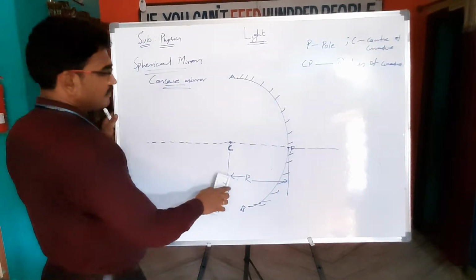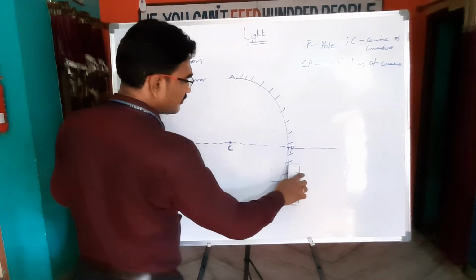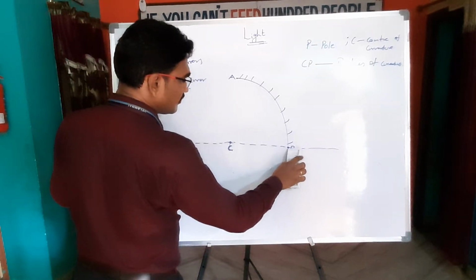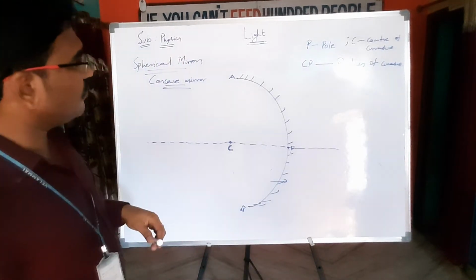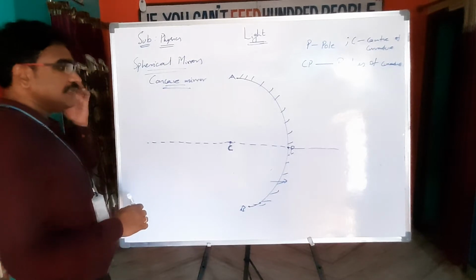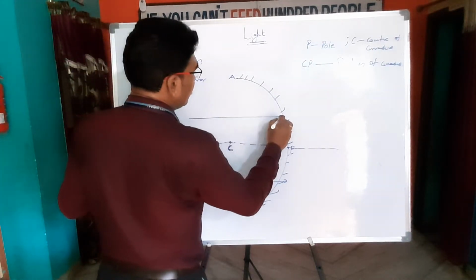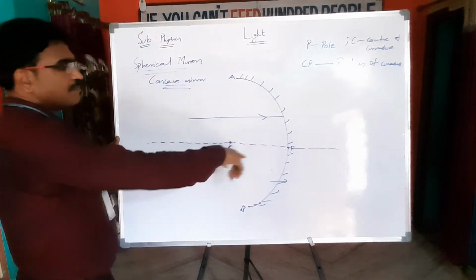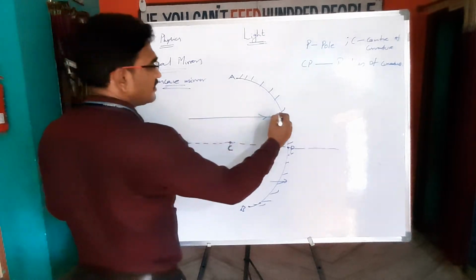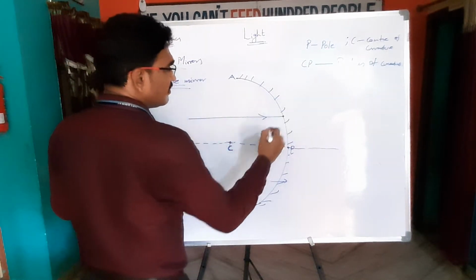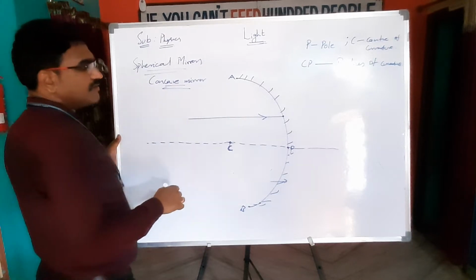Now again, I am going to do one thing. Already I told you, for example, a light ray which is parallel to the principal axis and very close to the principal axis, after striking a point on the spherical mirror, will reflect.